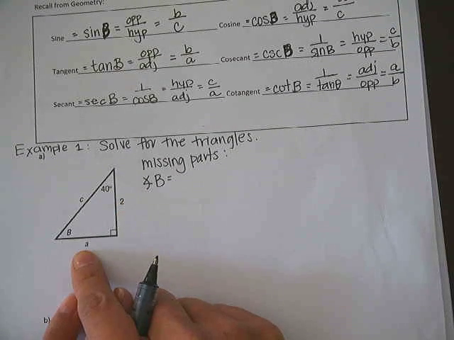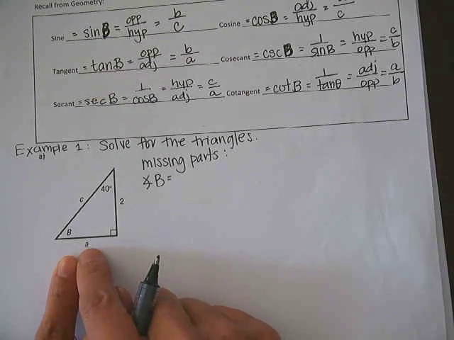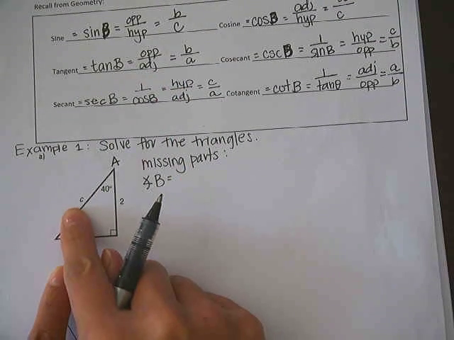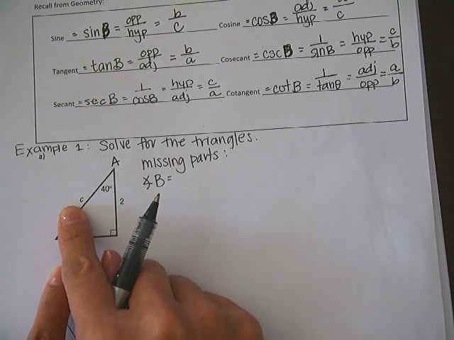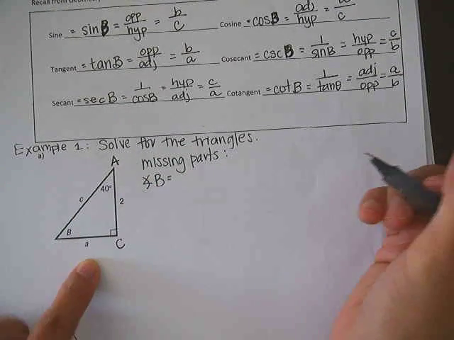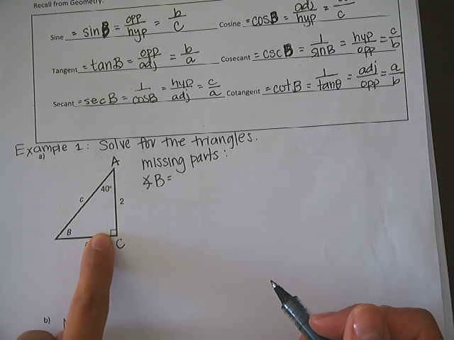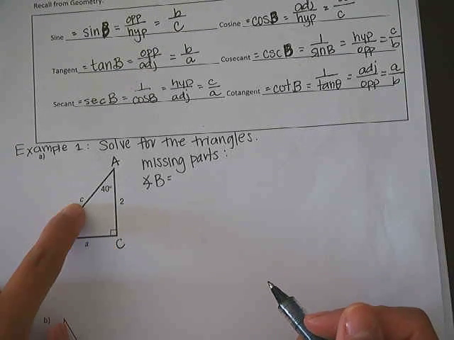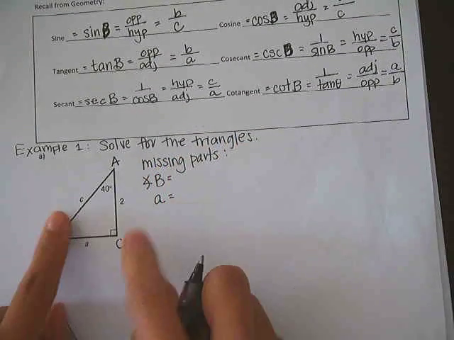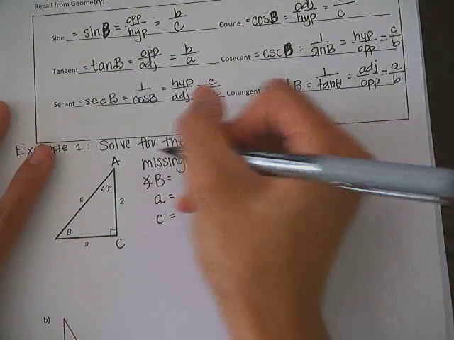But I do need to find leg A. Opposite of leg A is always angle A, and opposite of angle C is always leg C. Angle C is not missing because this symbol means it's 90 degrees. So I just have to find leg C and leg A. Little a represents leg A, little c represents leg C or the hypotenuse. So I'm missing 3 parts.